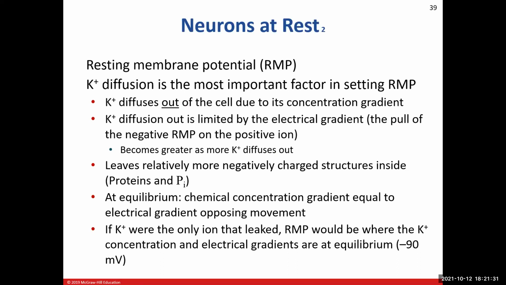So we're going to start off with the most important ion, and that is going to be our potassium. So the potassium ion is going to influence the resting membrane potential the most. We all know from our banana floating in the ocean that potassium wants to leave the banana.